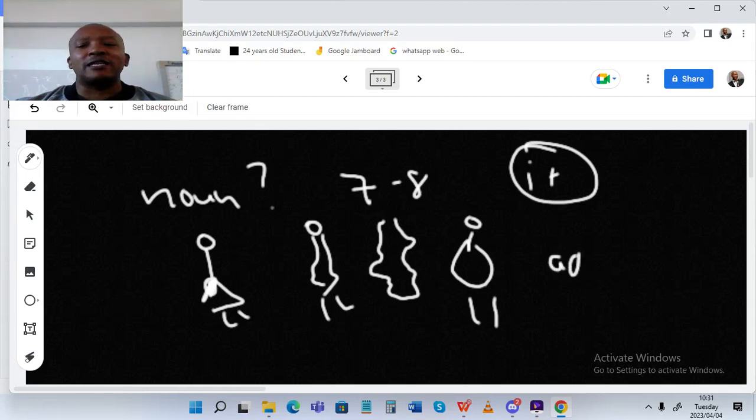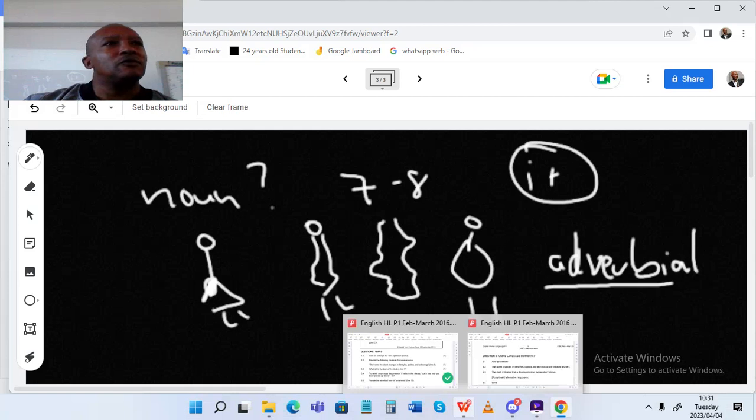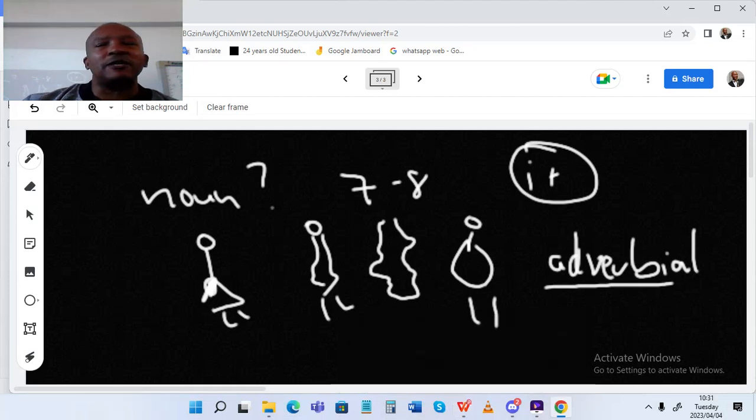So they're asking for an adverbial form. They're saying make this word an adverb. An adverb adds to the verb. In other words, it describes the verb.